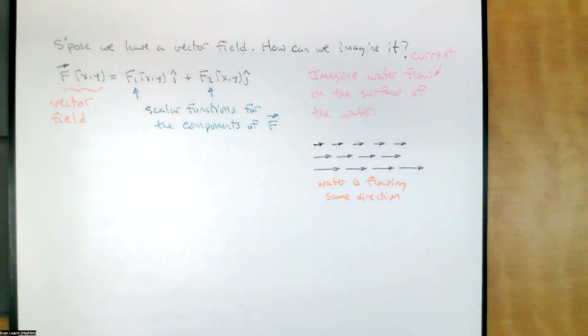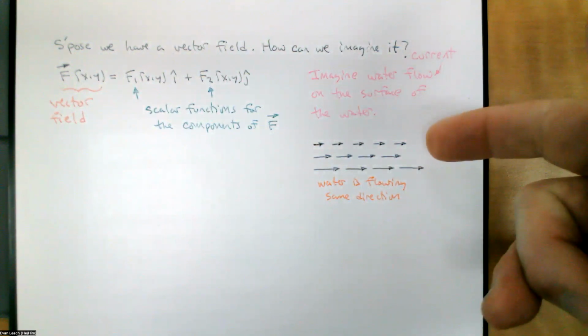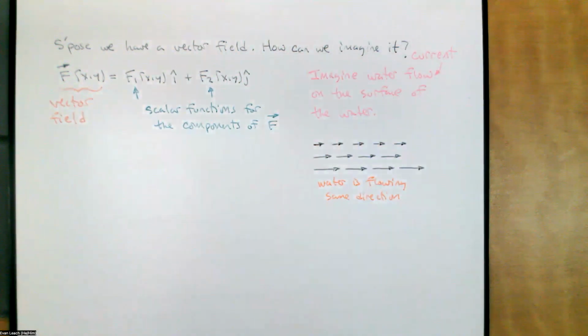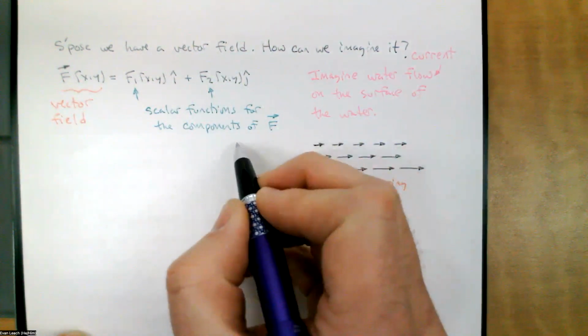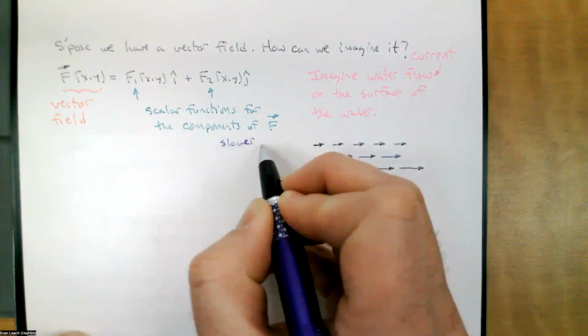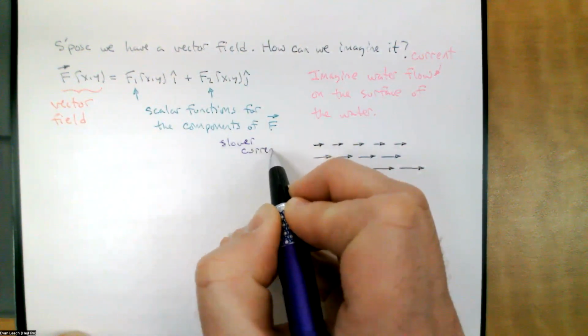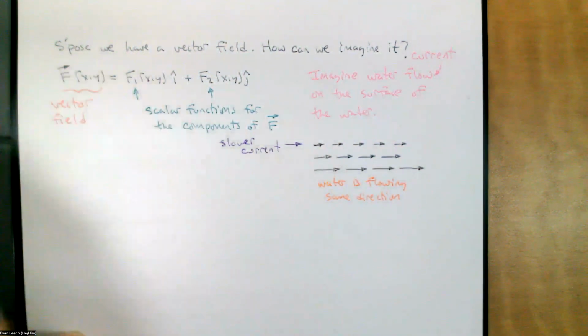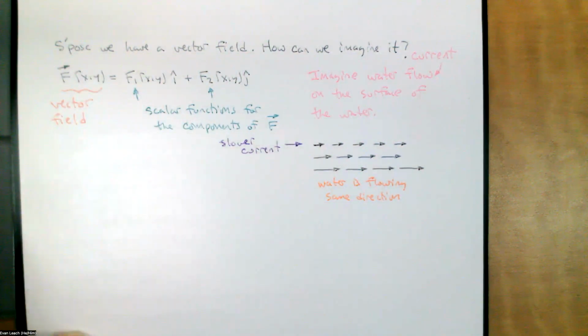So the water is flowing in the same direction, but maybe these slower ones indicate that there's the deeper part of the river, so it's going slower. We have a slow current up here. And then faster currents down here at the bottom.